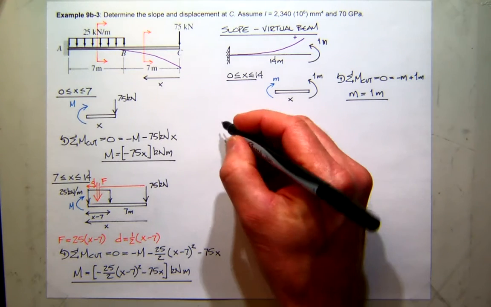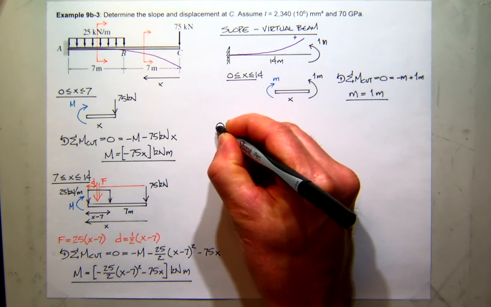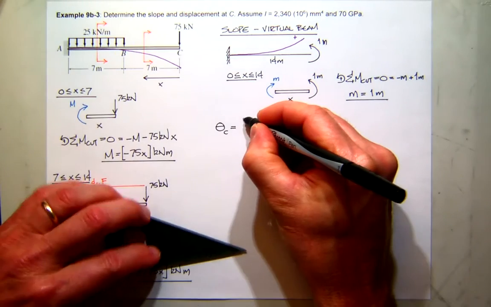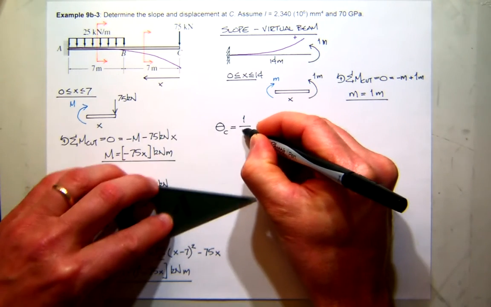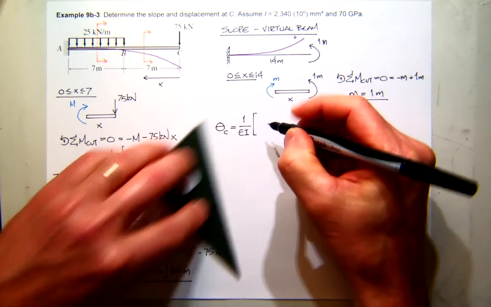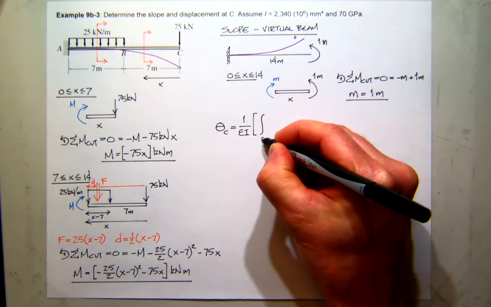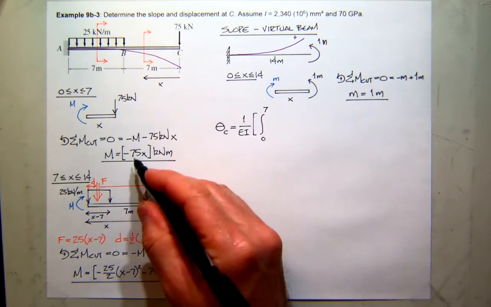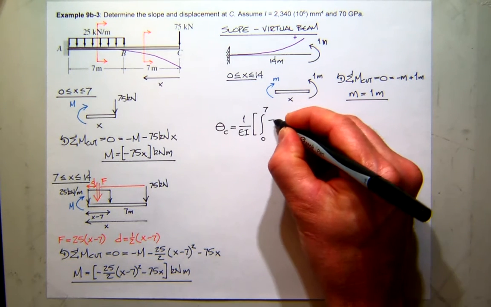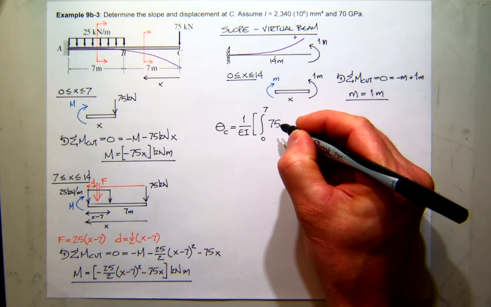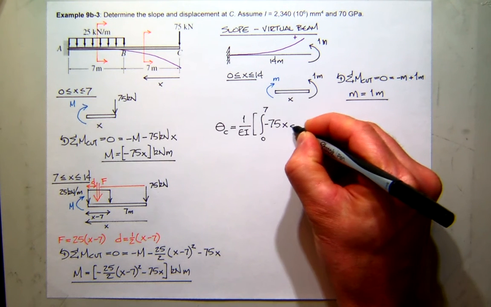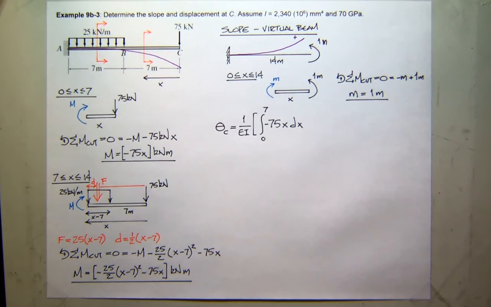So my virtual equation for the slope at C, I'm going to go ahead and keep my 1 over EI out as a constant. So I'll be left with the integral from 0 to 7 of my real moment times the virtual moment, which is just, I lost the sign, negative 75x dx. Does that look right?